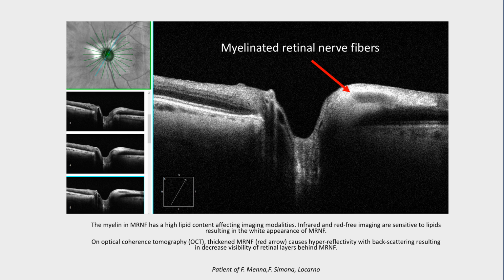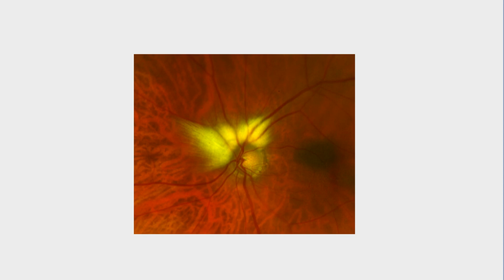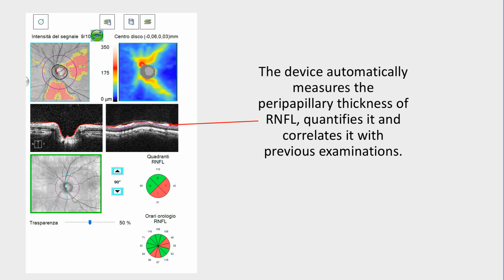In case of myelinated retinal nerve fibers, particularly well visible, like in this patient from our consultation. Here, the appearance of the papilla in the fundus picture. The thickness of the RNFL is measured automatically by the machine.